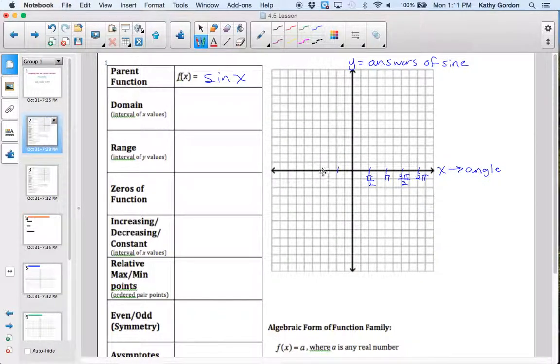I'm going to set up the same kind of scale on this side. And that way I've got things set up that I can get 2 full periods in there.